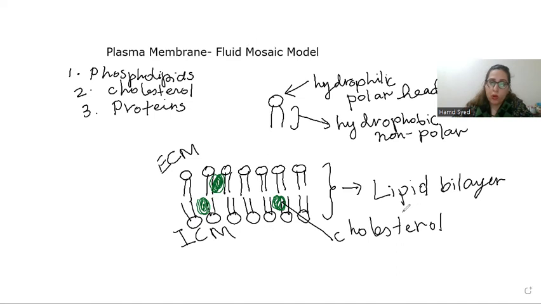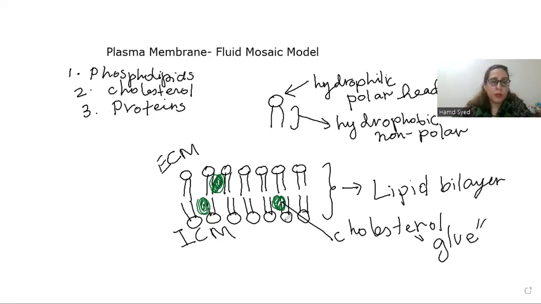It has the function of restricting the movement of the other components of the plasma membrane. So although we say this is a fluid structure, the fluidity is not so random because at several points, cholesterol restricts the movement of proteins within the lipid bilayer. So you can say the cholesterol acts like glue within the lipid bilayer.